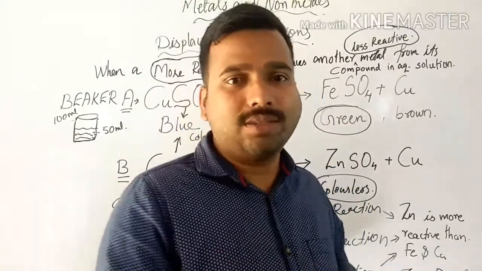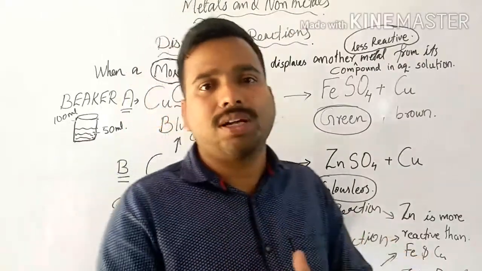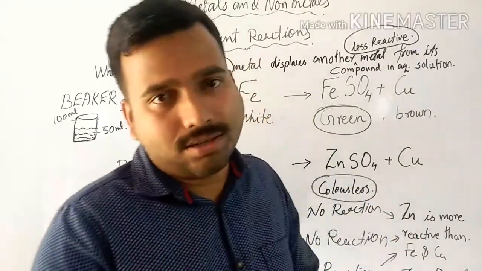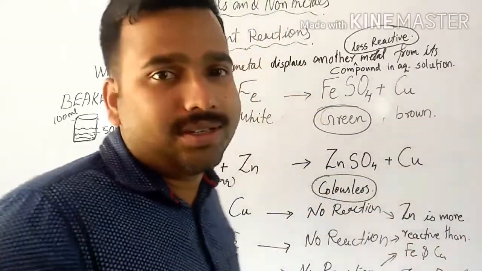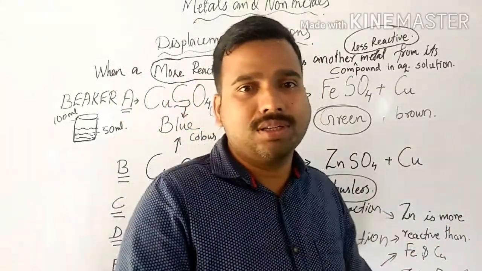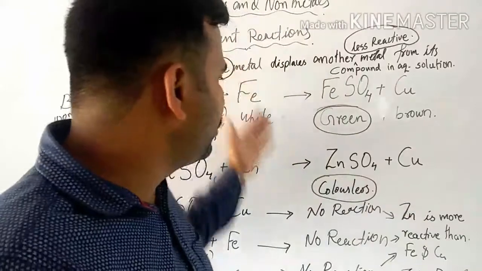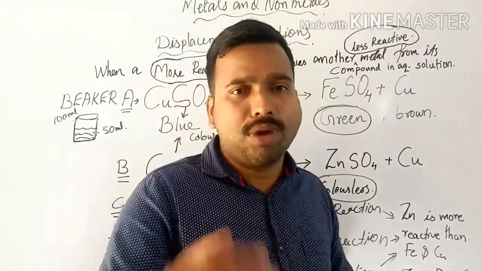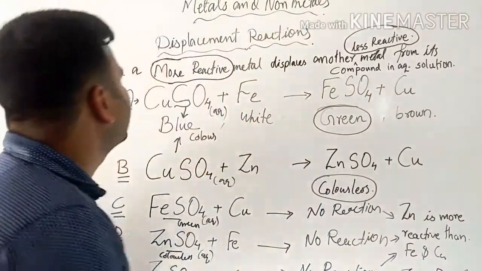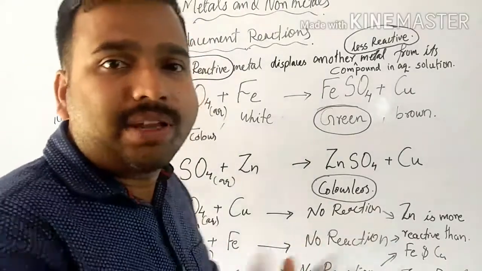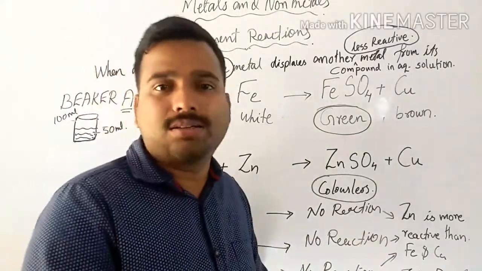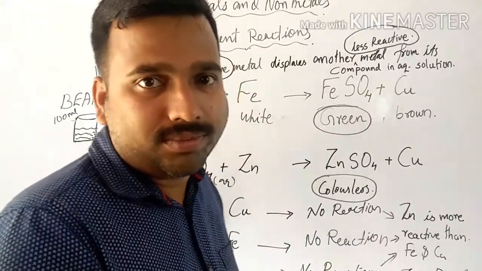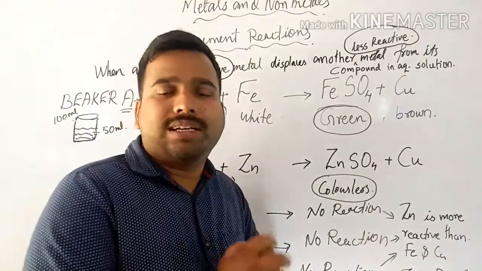So in today's video we are going to discuss displacement reactions. I have written a lot of chemical equations here, so don't bother about them; we will look at these reactions one by one. In the previous video we were discussing the chemical properties of metals and non-metals.